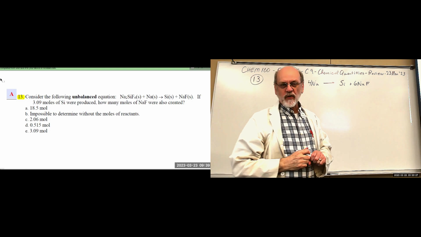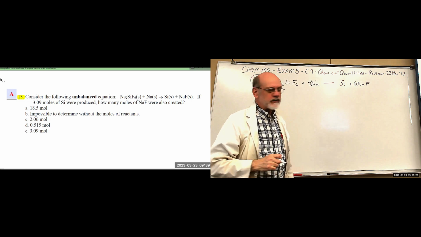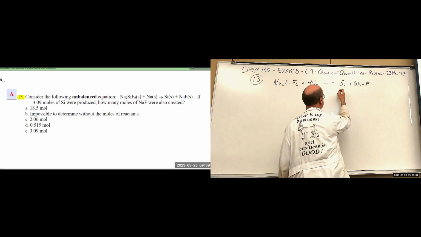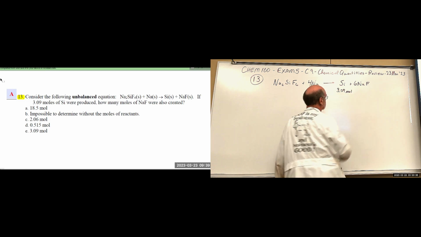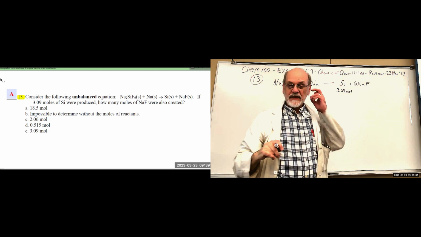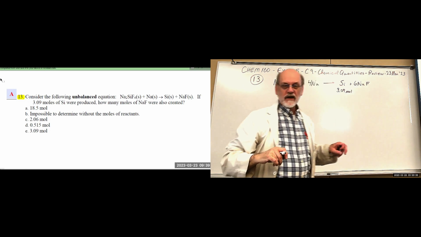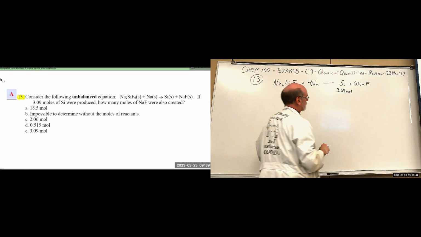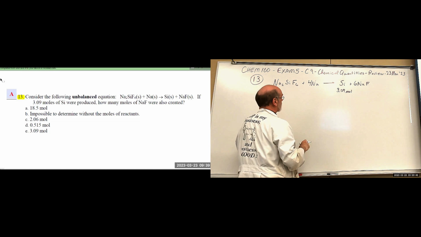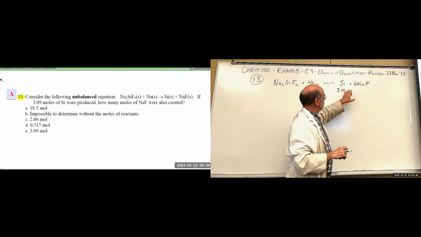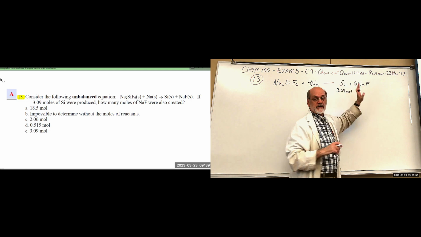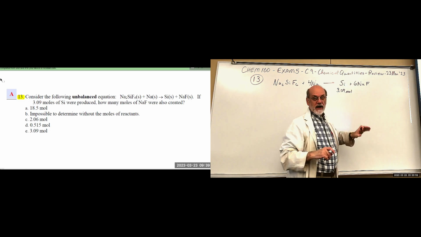Let's see, if 3.09 moles of silicon were produced from a reaction, how many moles of sodium fluoride were also created? In this case, we just have to assume that since this is produced, then the ratio of this one to this one determines how much sodium fluoride is produced.